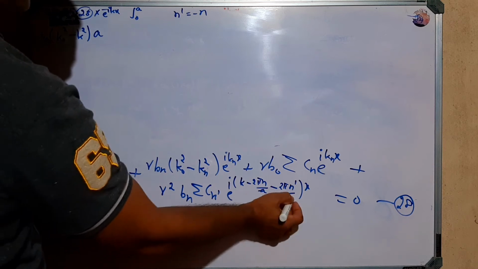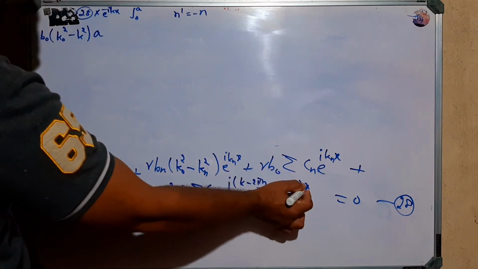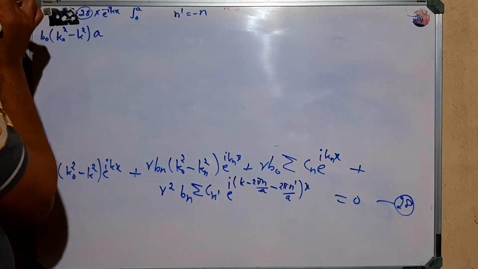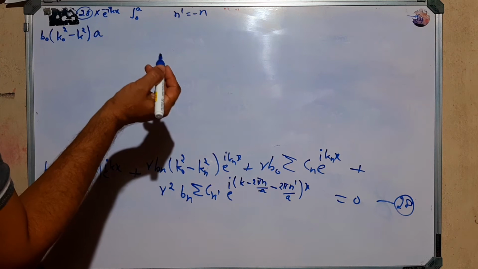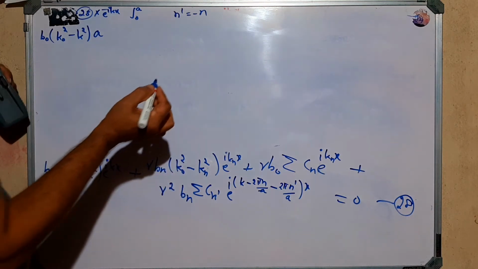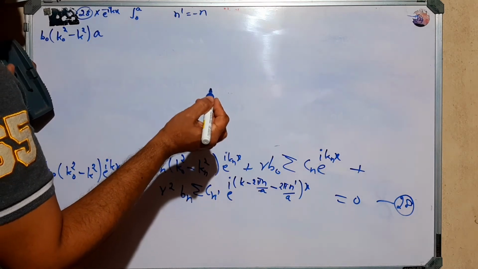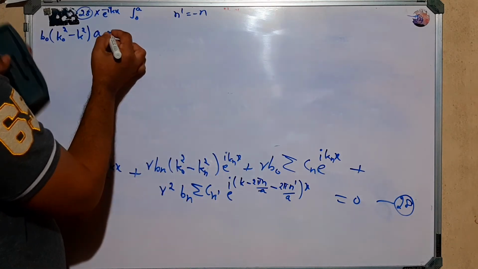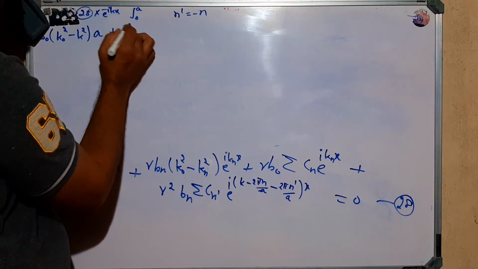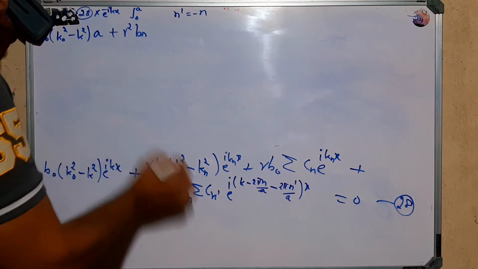This term reduces to 0. Then the remaining is e to the power ikx, that is multiplied with e to the power minus ikx. So the integration becomes dx. Upper limit is a, lower limit is 0, integration of dx is x, put the limits, then you are getting the term gamma square bn into cn dash.